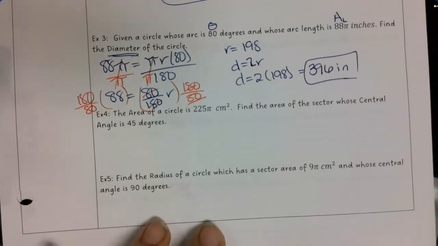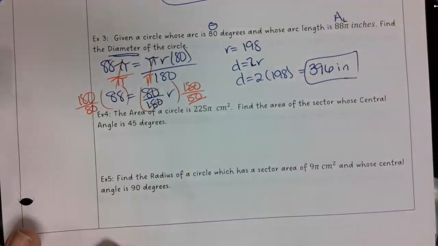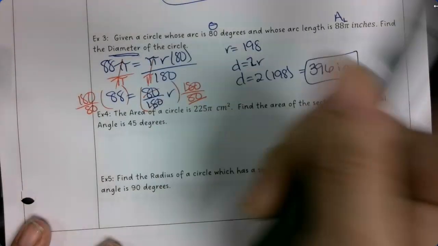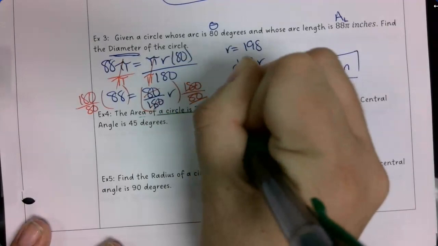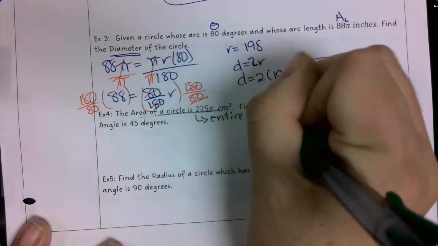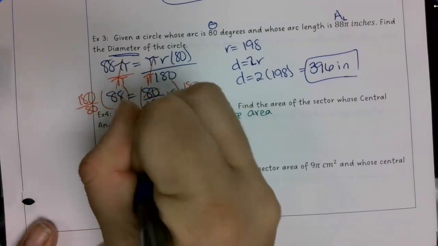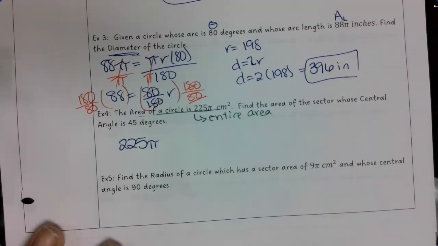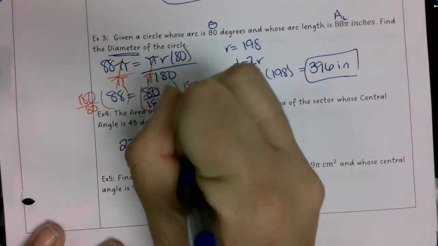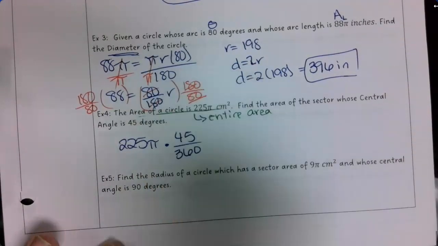So number 4 is a little bit different. It's telling me the entire area of the circle. So what I want to do is take the entire area, which is 225 pi, and multiply it by my angle out of 360. So I have 45 degrees in the sector, and a whole circle has 360.